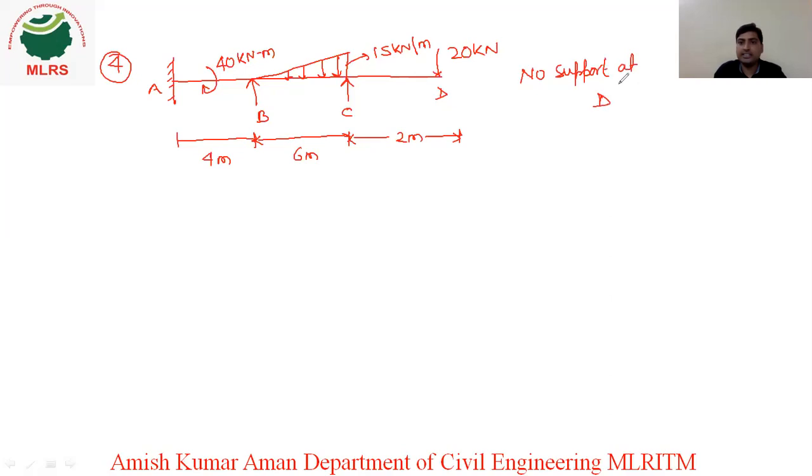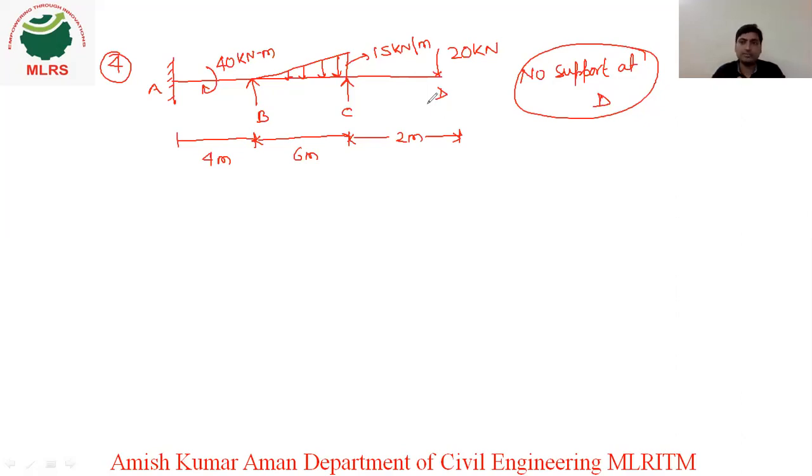So we have 3 different things to see here: how to solve the problem having no support at the end, how to solve a problem having a UVL, and how to solve a problem if a moment is acting on a span. So we have these 3 new things as compared with the previous problems.